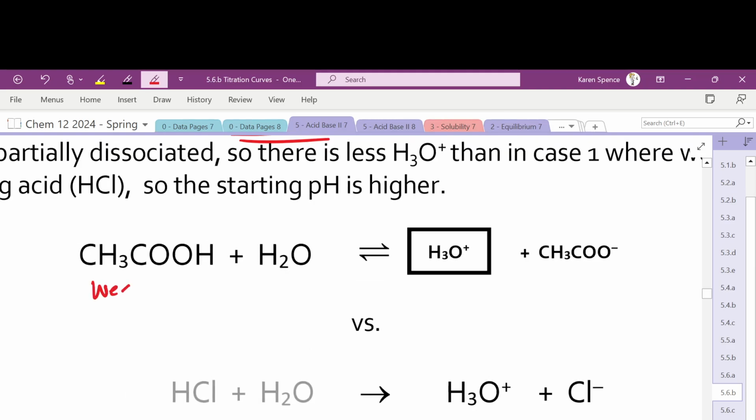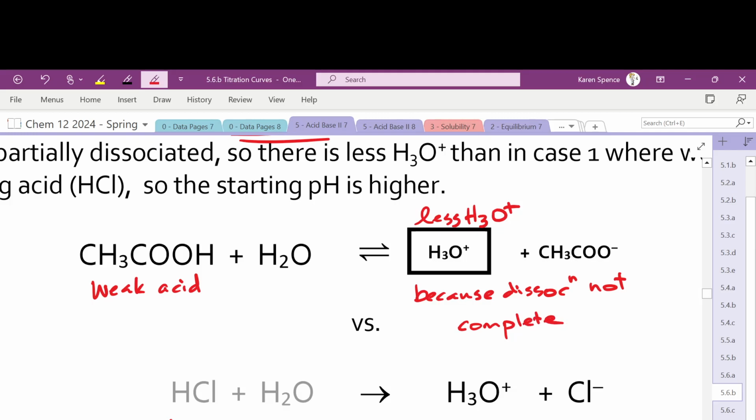Here's our weak acid compared with our strong acid. Yeah? This is a lot less. Because the dissociation is not complete. That means that your weak acid strong base titration will start at a higher pH.